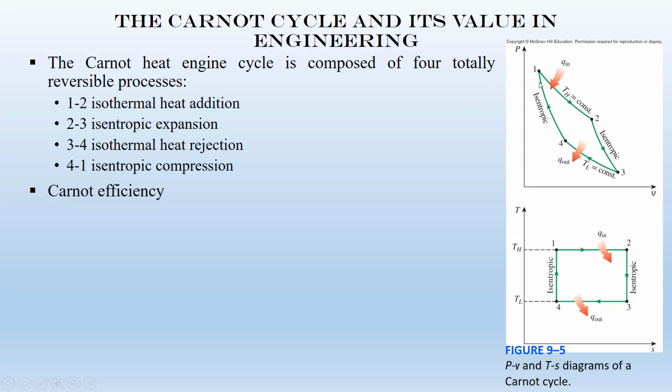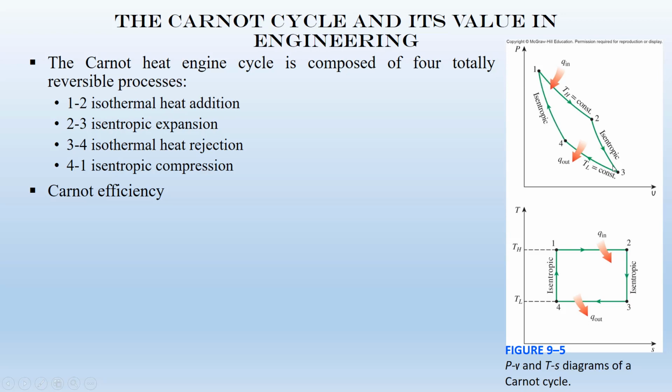First, for the process between point 1 and point 2, Q is added to the system in an isothermal process. Then the fluid is expanded in an isentropic expansion. Then at constant temperature, heat is rejected to the surroundings, and then eventually there is an isentropic compression step.